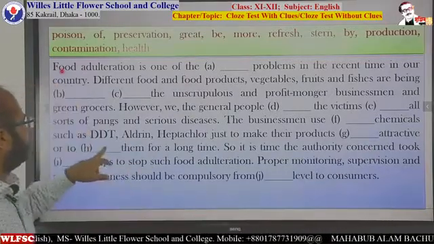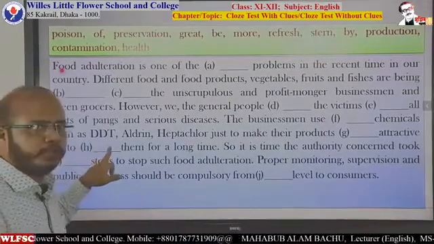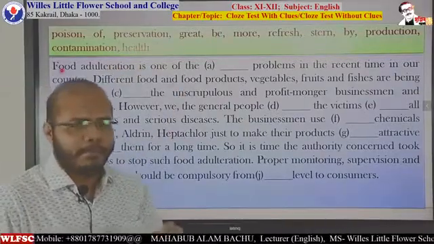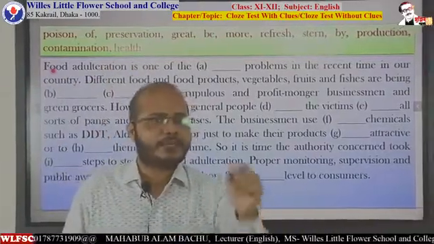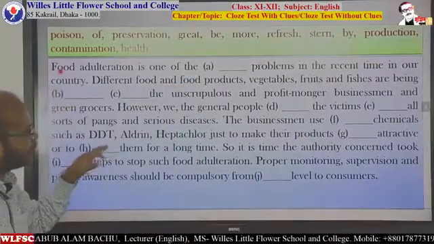After to you have to put the verb. You see preservation is the noun form, but you have to transform it into verb form. So to preserve them for a long time.